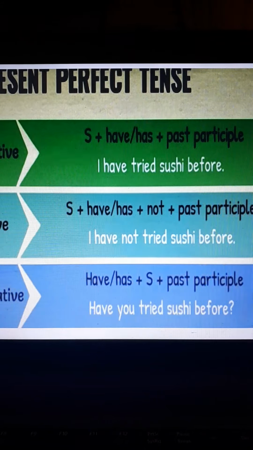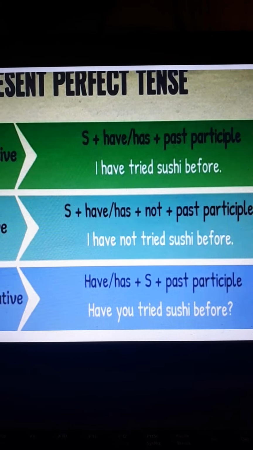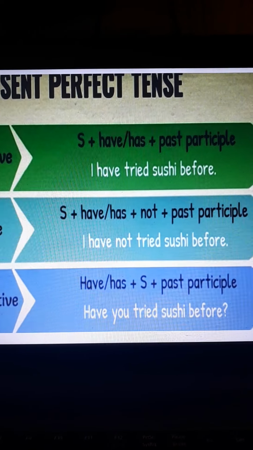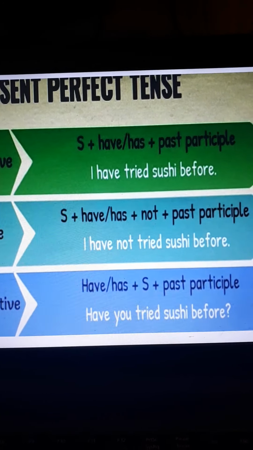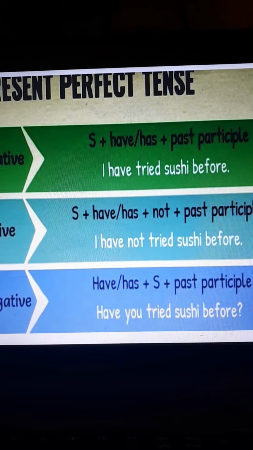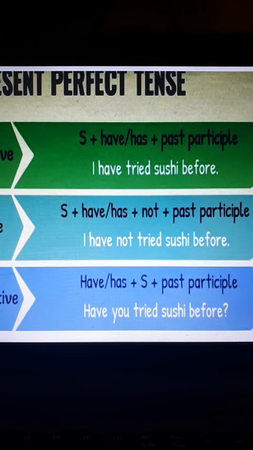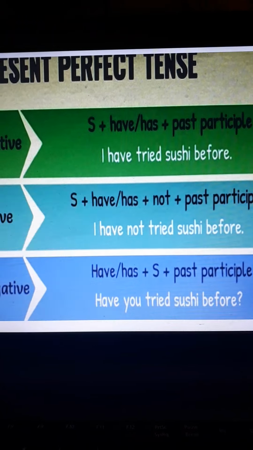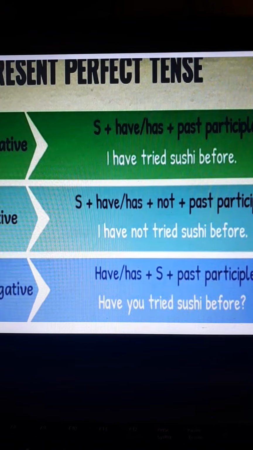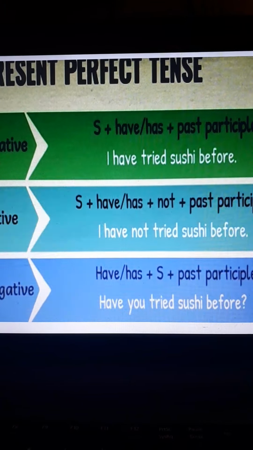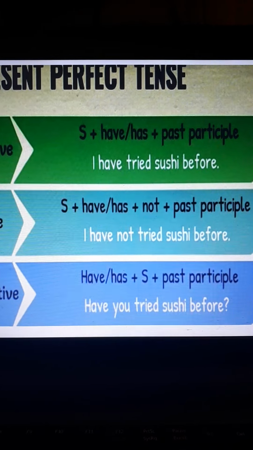He, she, and it has, okay. And then the past participle. If we are going to work in negative, we put the negative to the auxiliary, haven't or hasn't, have not or has not, plus the past participle. And if we are working in the question, have or has goes first, and then the subject, the noun, the pronoun, and then the past participle, okay?